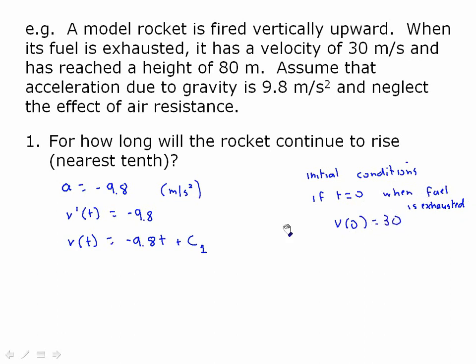And those are our initial conditions. So we plug in 30 for the v, we plug in 0 for the t, and as a result, C1 is just going to be equal to 30. So this tells me that v at t, the function itself, is negative 9.8 t plus 30.